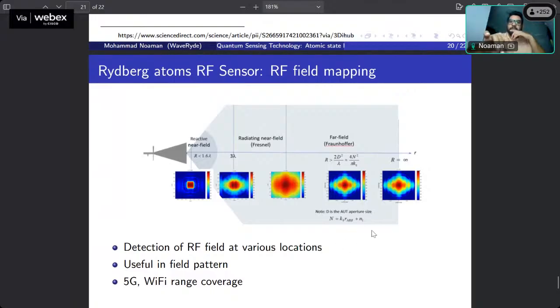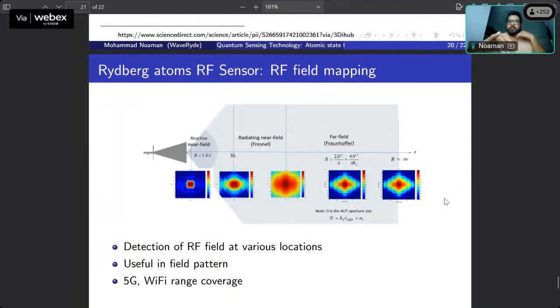In a traditional measurement system, it's close to impossible to detect very close to the RF source. With the Rydberg sensors, you can detect everywhere and find out the full profile of the RF field.